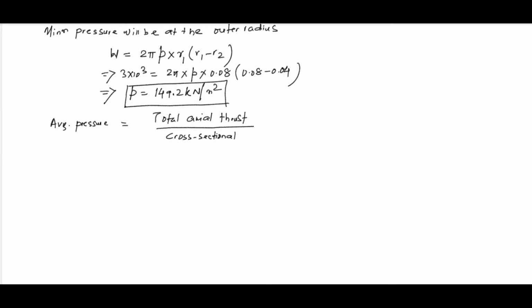Okay, so this will be equal to your 3 into 10 to the 3 divided by pi times of 0.08 square, that is your R1 square, minus R2 square is 0.04 square. So this will be equal to 198.9 kilonewton per meter square. Okay.